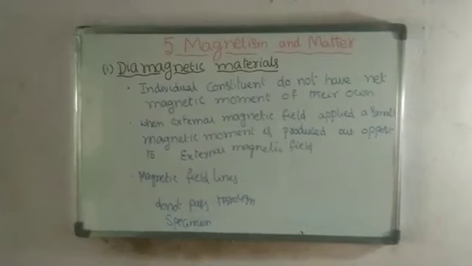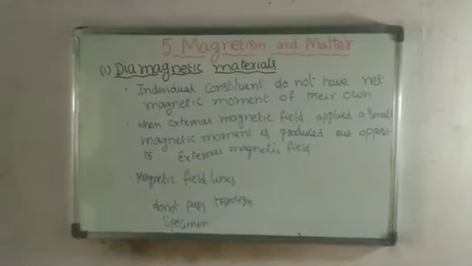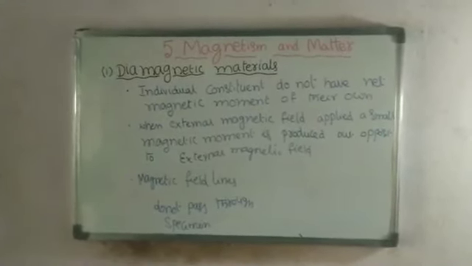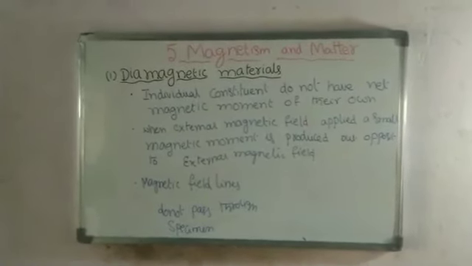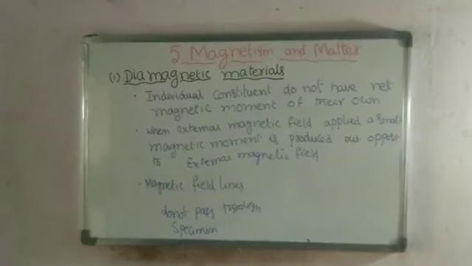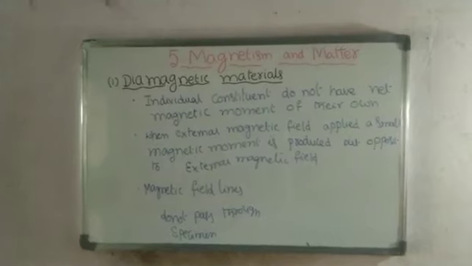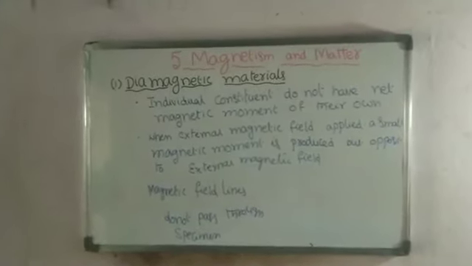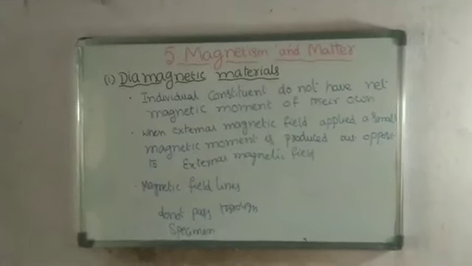If you take a diamagnetic material individually, without applying any magnetic field, it does not have any magnetic moment of its own, so inside that material there is no magnetic moment. That type of material is called a diamagnetic material.